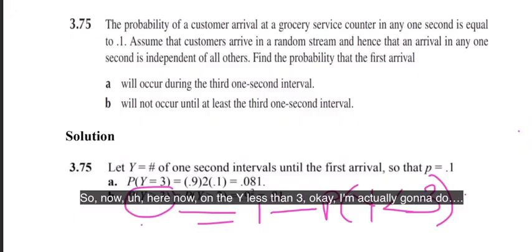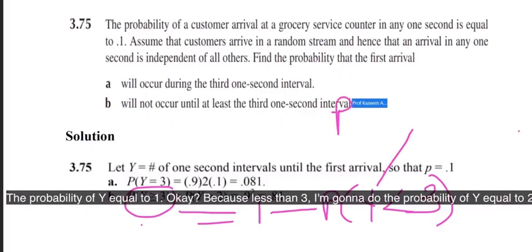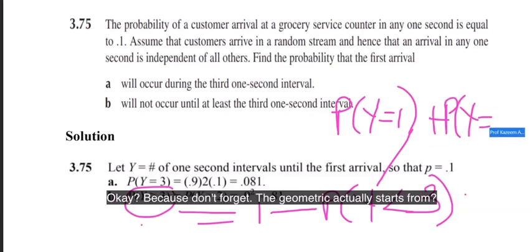Now, when y is less than 3, I'm going to do the probability of y equal to 1 and the probability of y equal to 2.